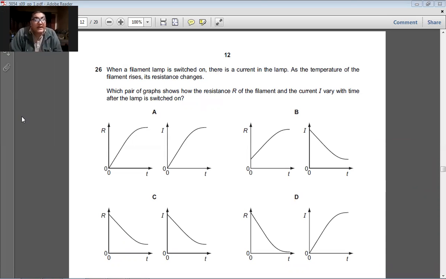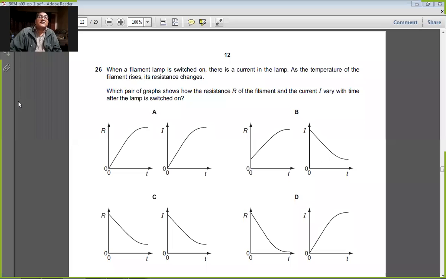When a filament lamp is switched on, there is a current in the lamp. As the temperature of the filament rises, its resistance changes. Which pair of graphs shows how the resistance R of a filament and the current I vary with the time after the lamp is switched on? So, here we have 4 options.